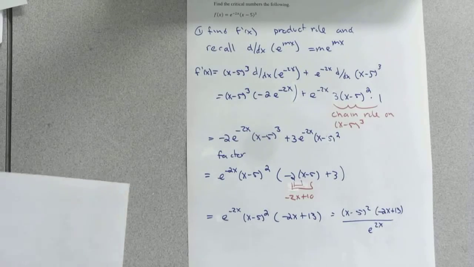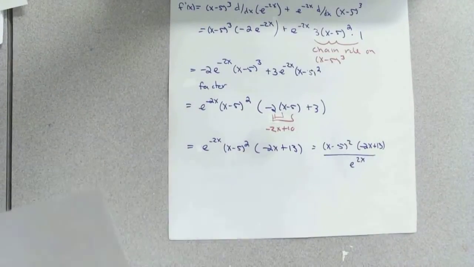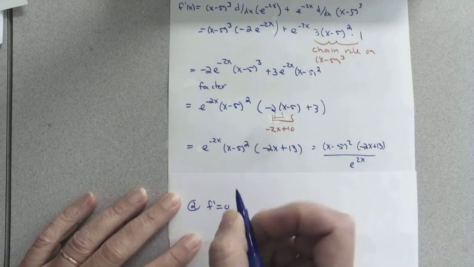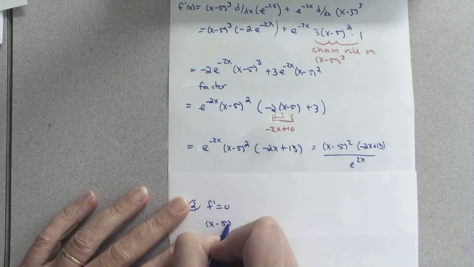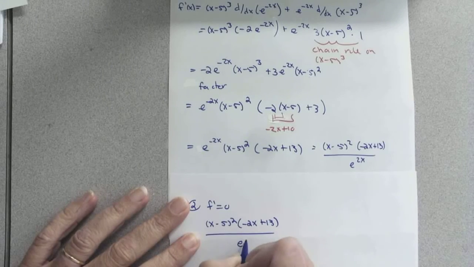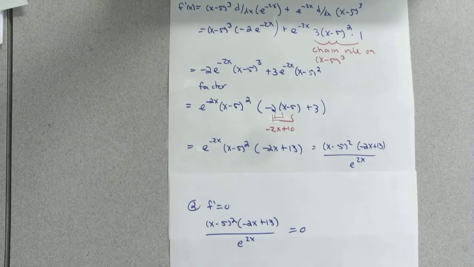that where I'm undefined. Okay, set this thing equal to 0 and solve. And so that'd give me x minus 5 quantity squared, negative 2x plus 13 over e to the 2x equals 0. Clear the fractions.